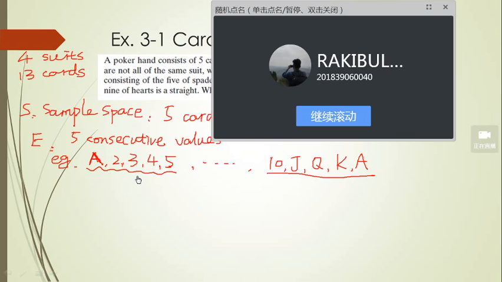For example, you are one player and you have those cards in your hand. You can have Ace, 2, 3, 4, 5, you can have 4, 5, 6, 7, 8, and finally you can have 10, Jack, Queen, King, Ace. So Rakib, how many different straights will we have? Not available?